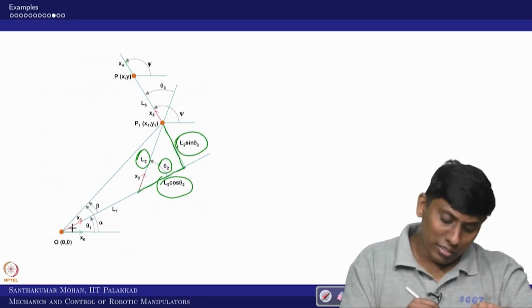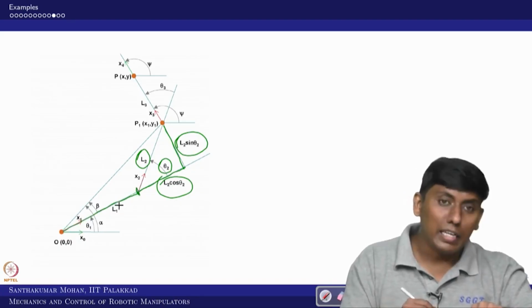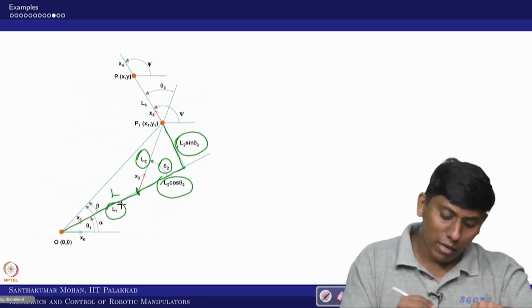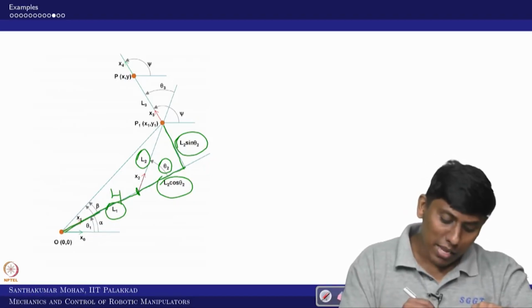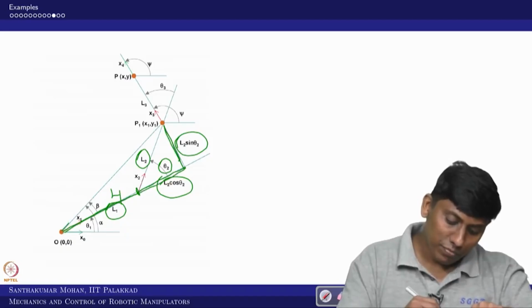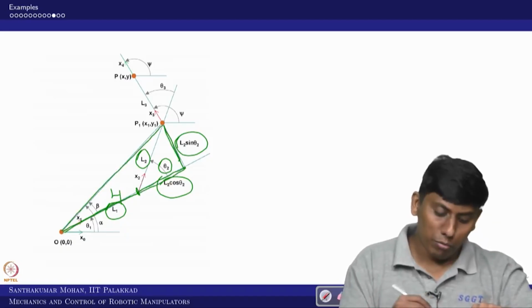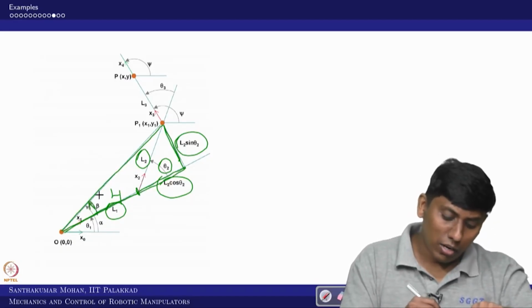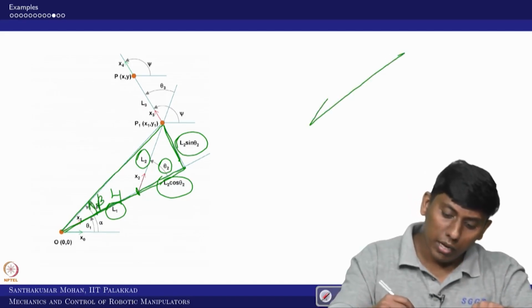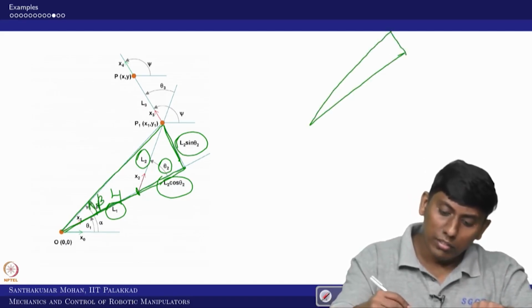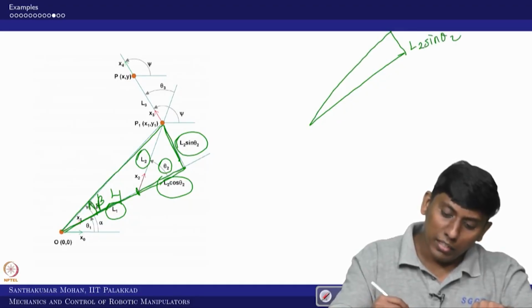But what is this distance? It is the link length L1. So this is L1, and now I can make the total triangle. Then I can find some angle called beta. This is L2 sin theta 2, and this is L1 plus L2 cos theta 2.